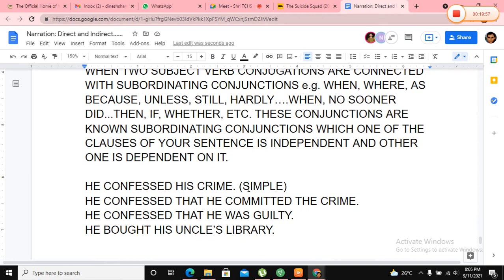You can transform a complex sentence into a simple sentence by replacing the clause with a noun, and a simple sentence into a complex sentence by replacing a noun with a sentence.